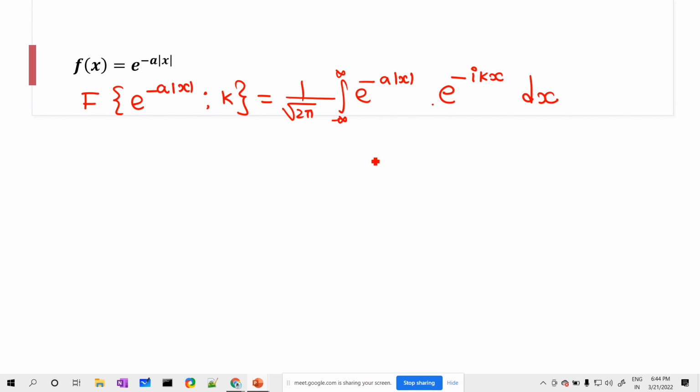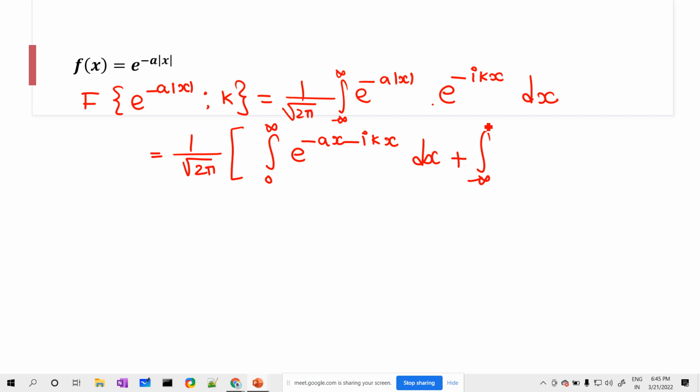So since I have a mod, I try to divide the integration into two halves. So it is equal to 1 upon root 2 pi outside from 0 to infinity. Mod x is same as x. So I can write this is same as e raised to minus ax minus ikx dx plus integrating minus infinity to 0. So from minus infinity to 0, the mod of x is minus x.